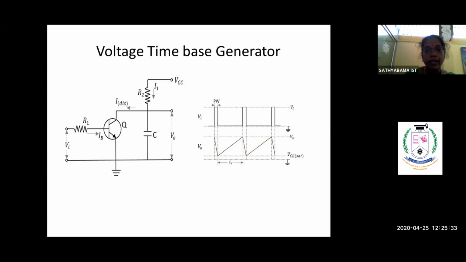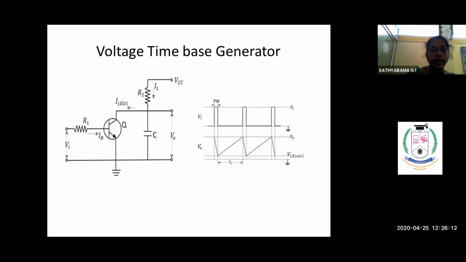The operation is the same: when VCC is applied, the capacitor charges through the resistor R2, and when VI is applied, the transistor turns on once VB reaches 0.7 V. While the transistor is on, the capacitor discharges, and the output goes to the saturated voltage VC sat, as shown in your waveform. The charging and discharging of the capacitor produce a simple sawtooth waveform like this.